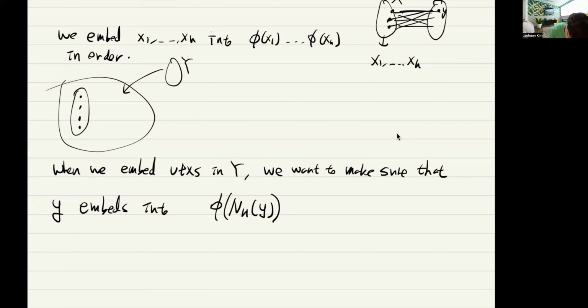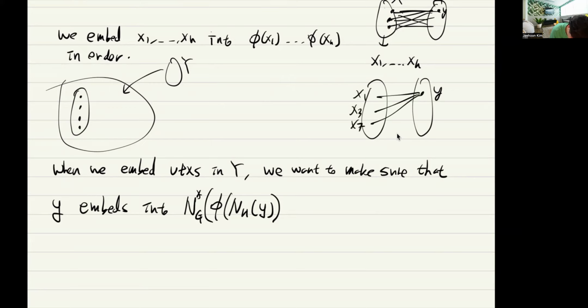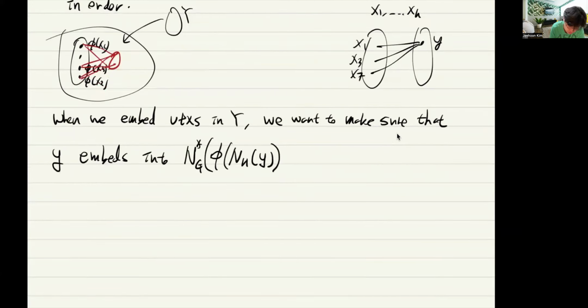And you consider the image of these three vertices, and you take a common neighborhood in G of them. So if Y is adjacent to, say, x1, x3, x7, then here we have pi(x1), pi(x3), pi(x7). As long as you embed Y into a common neighborhood of them, it's okay. So that's what we want to do.